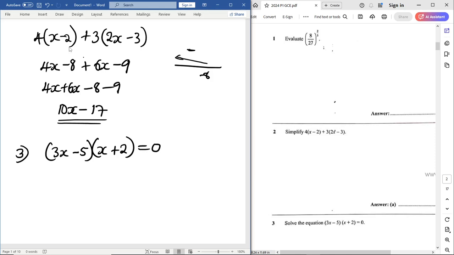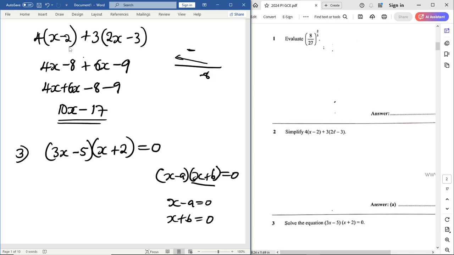What this simply means is that when you're solving a quadratic equation and you reach a step where you have, for example, x minus a and also x plus b equal to 0, so this is a quadratic equation that has been factorized already. What this simply means is that x minus a should be equated to 0, and also x plus b should be equated to 0. So we do the same thing to this question that we have there.